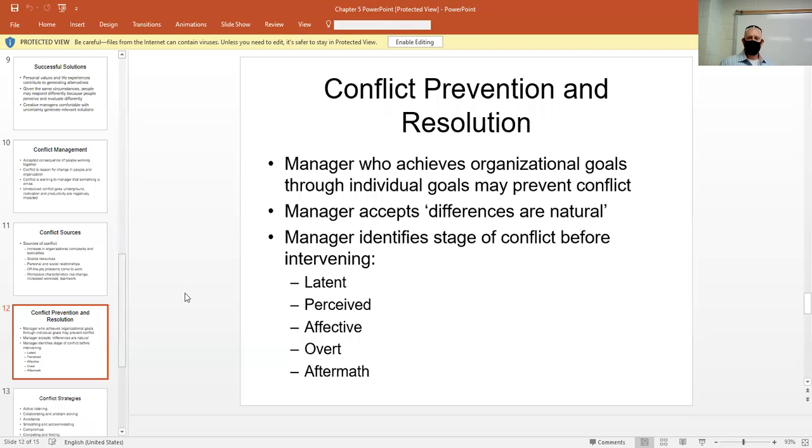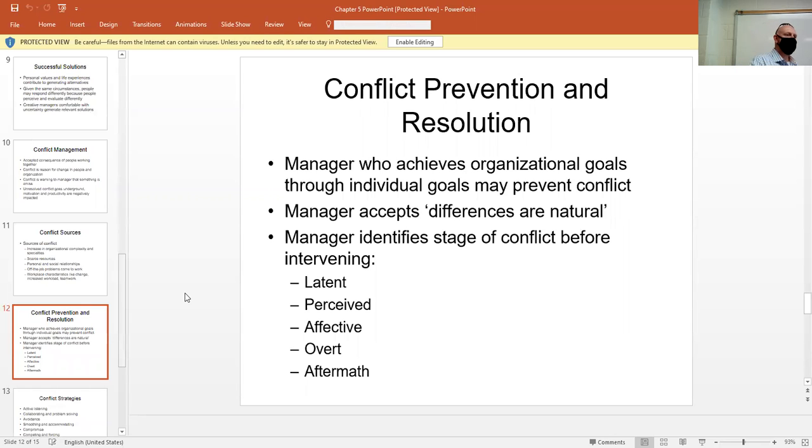If you want to look at conflict prevention and resolution, a manager who achieves organizational goals through individual goals might prevent conflict. So you've got organizational goals. Those are bigger goals. You know how we talked about goals and objectives, and how when you have a goal, you want to break it down into smaller pieces.